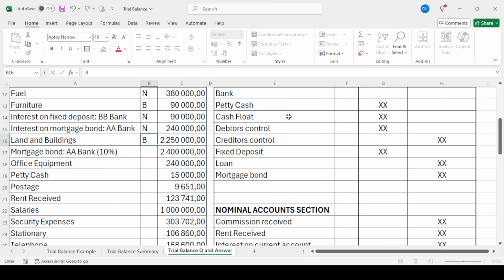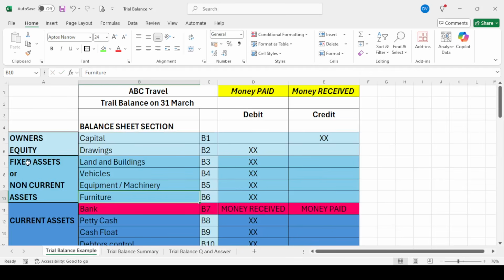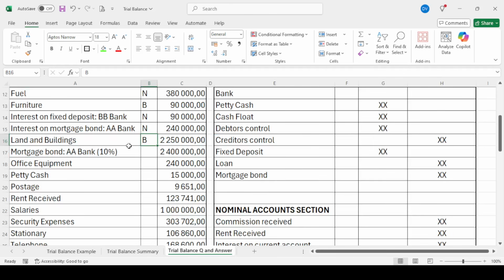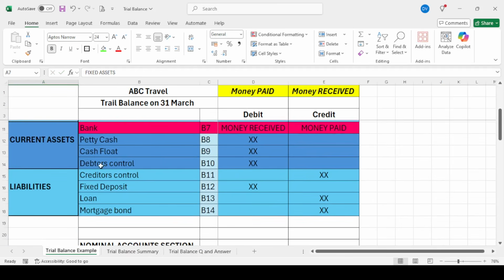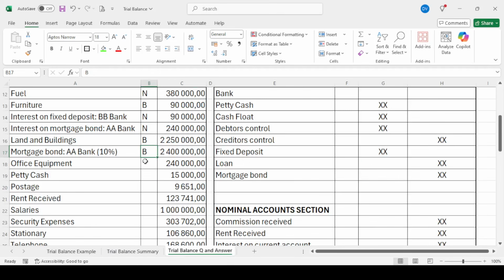Land and buildings falls under our balance sheet section, and I'll show you part of your fixed assets. You've got land and building. A mortgage bond falls under your balance sheet section. If you remember here, it goes under your liabilities. You've got mortgage bond, so it's a B account.